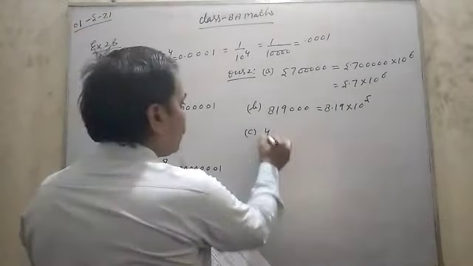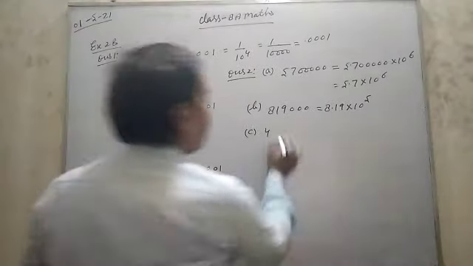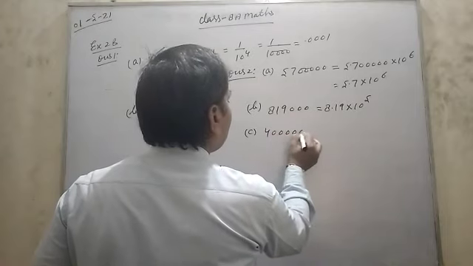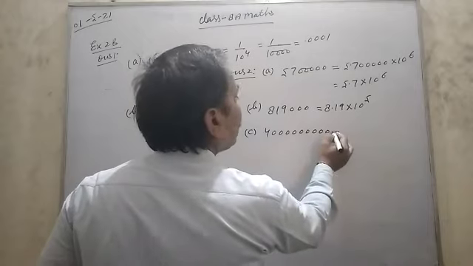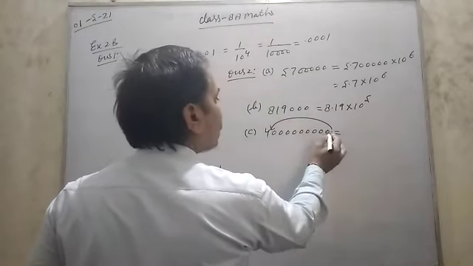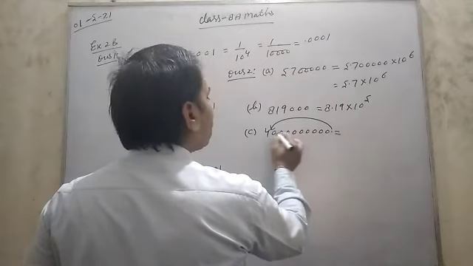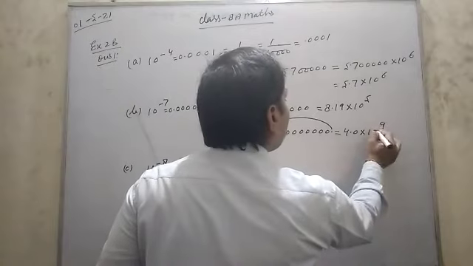Next, 4 followed by zeros. How many zeros? 3, 6, 9. The point is here, so shift here. How many digits? Count it: 3, 6, 9. So 4.0 into 10 to the power 9.